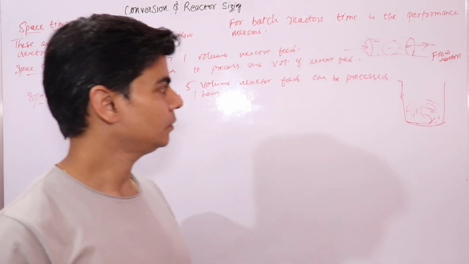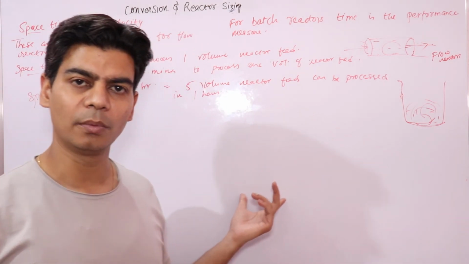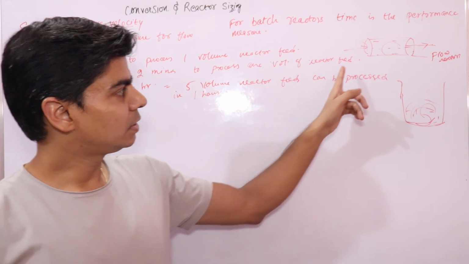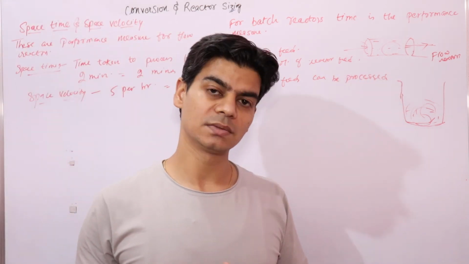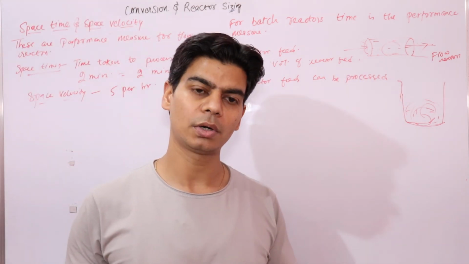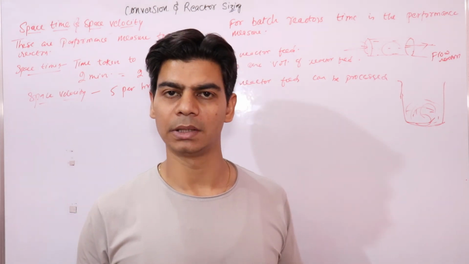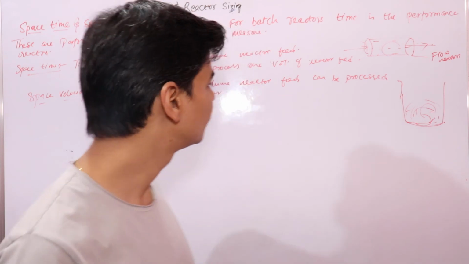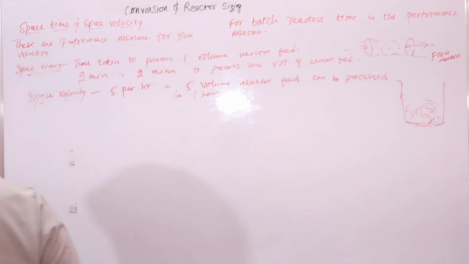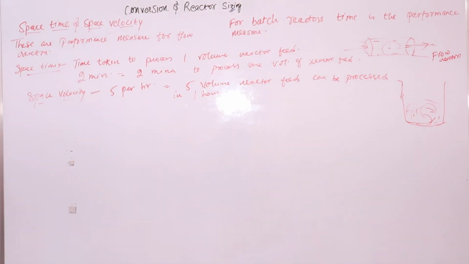So how can this be the performance measure? If it can process more volume or more feeds in 1 hour, that means its performance is high. That way you can measure it, right? So how to define it?